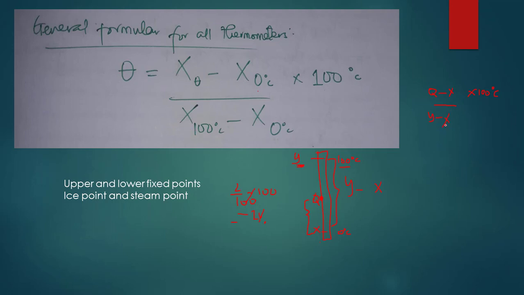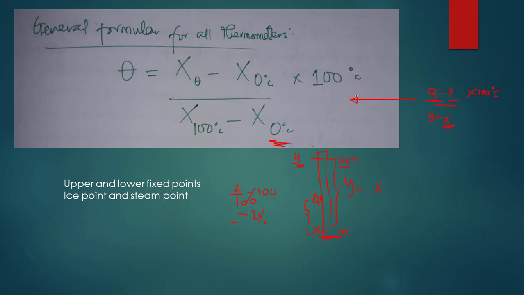Na ukiangalia vizuri x ni value ya thermometric property ikiwa at 0 degrees centigrade ambayo ni hii hapa. Na ukiangalia vizuri q ndio value ya thermometric property at a temperature being measured, temperature theta tunayoipima. Na ukiangalia x ni ile ambayo nilisema mwanzo. So basically this is where this formula came from.